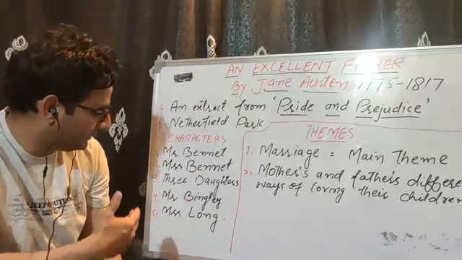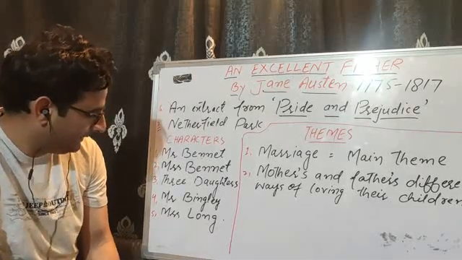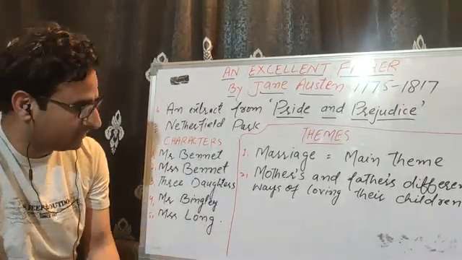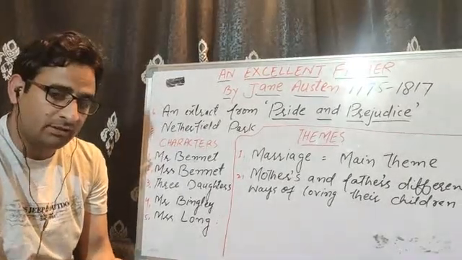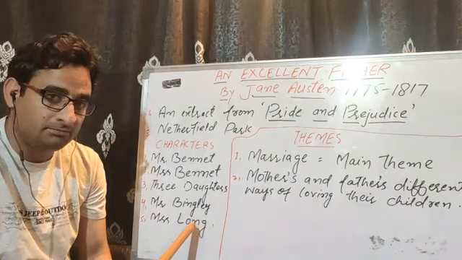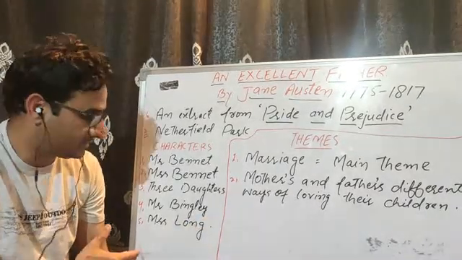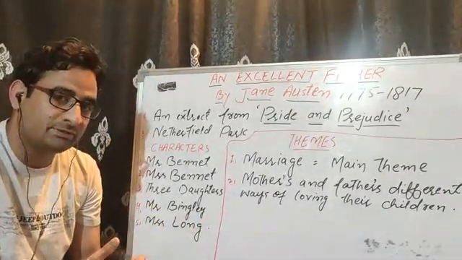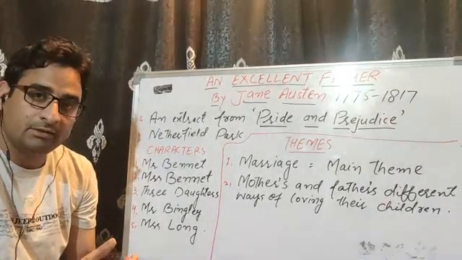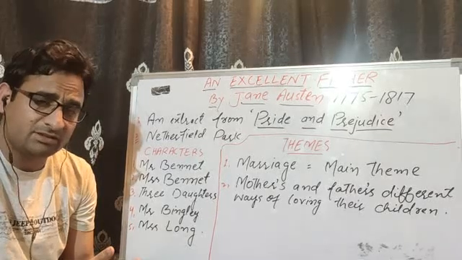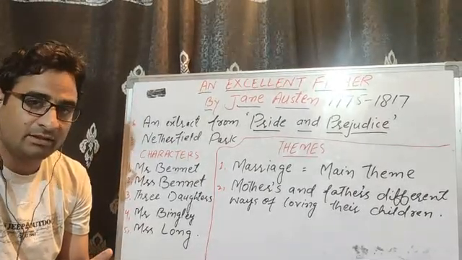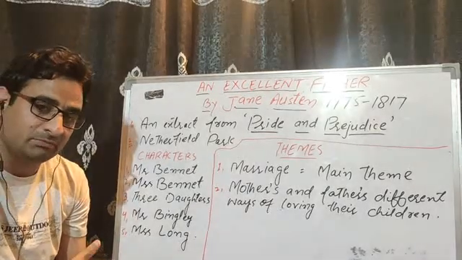So it was all about this chapter, and I would like to end this chapter with one thing. We have another character, Mrs. Long. Mrs. Bennet had an apprehension that Mrs. Long or any other mother might get their eligible, marriageable daughter married to Mr. Bingley.